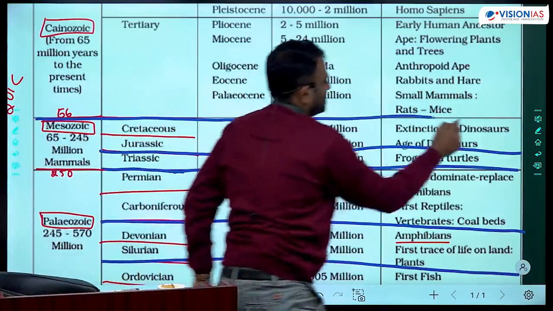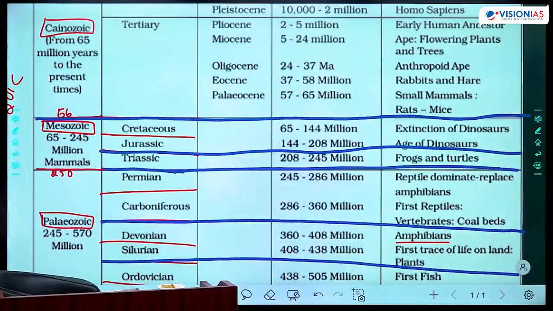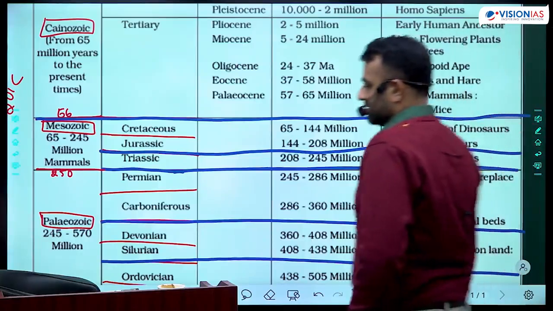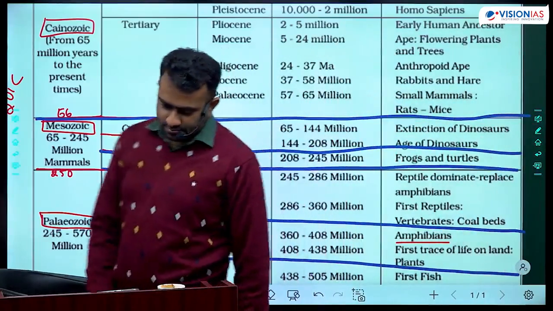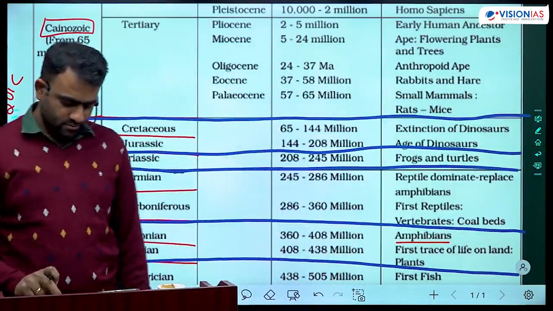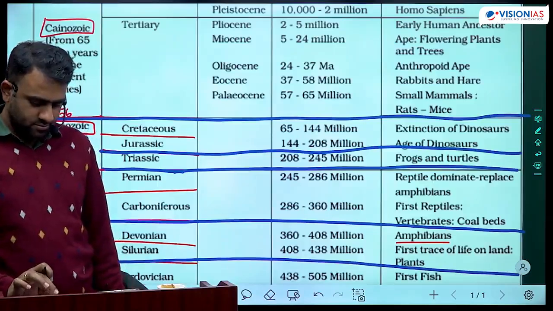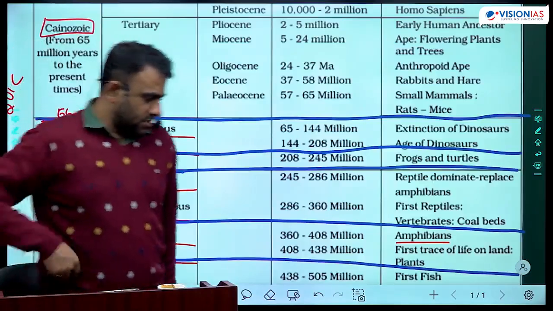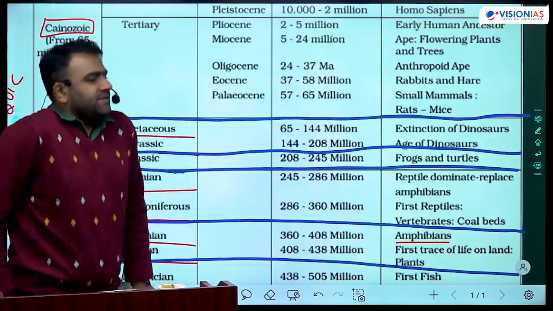The end of Cretaceous is when we have the fifth mass extinction. Now, life on the earth is very, very accidental.